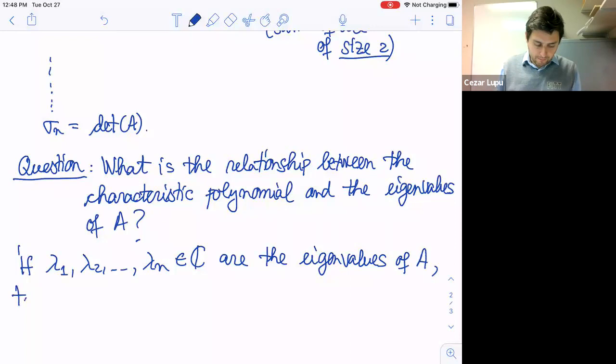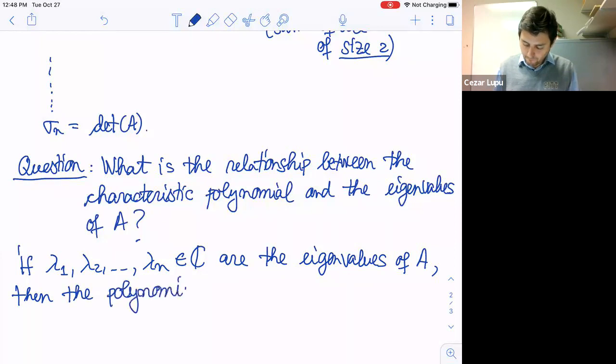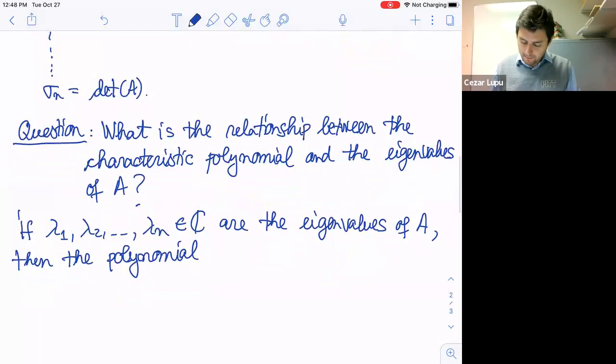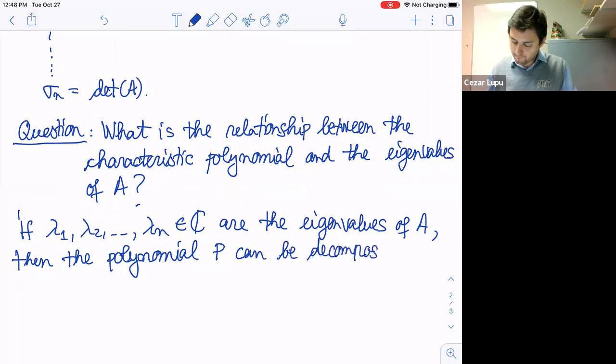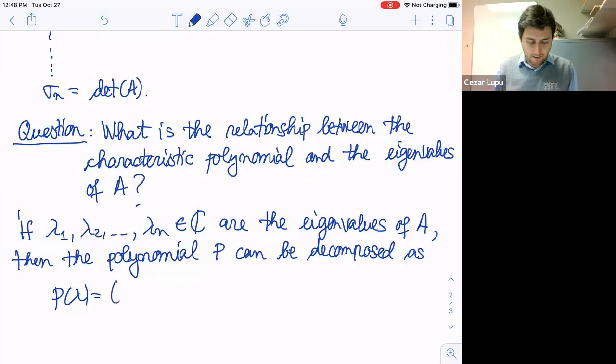Then we know that the polynomial P can be decomposed as follows. P of lambda is, well, the first coefficient is 1, so it will be lambda minus lambda 1 times lambda minus lambda 2 times ... times lambda minus lambda n.